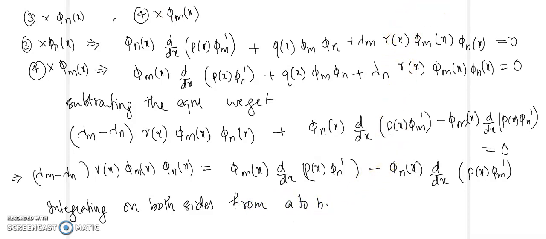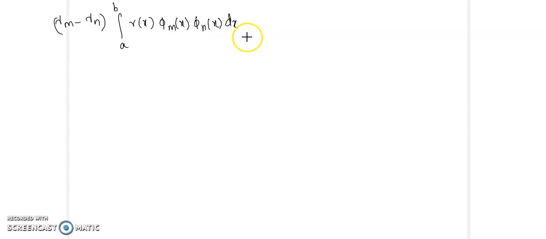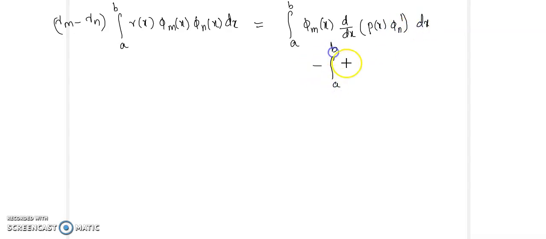So we will obtain the integral in the form: lambda m minus lambda n is constant, the remaining integral a to b r of x phi m of x phi n of x dx, that will be equal to integral a to b phi m of x d by dx of p of x phi n dash dx minus integral a to b phi n of x d by dx of p of x phi m dash dx.